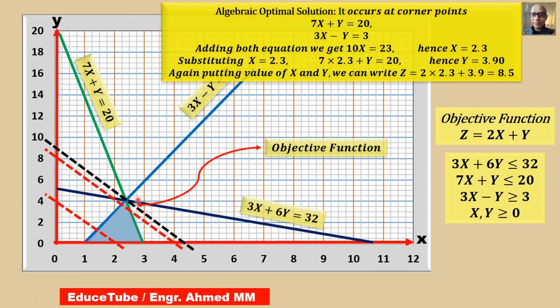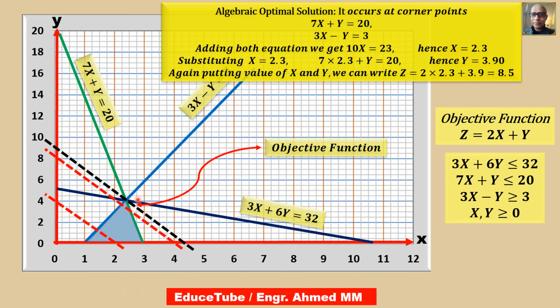To locate the point, what are the coordinates of that point? That is our target now, because already we reached here and we found that this is the optimal solution. We found it visually, but algebraically we want to find what the value is for this. That is why the algebraic optimal solution occurs at these corner points.